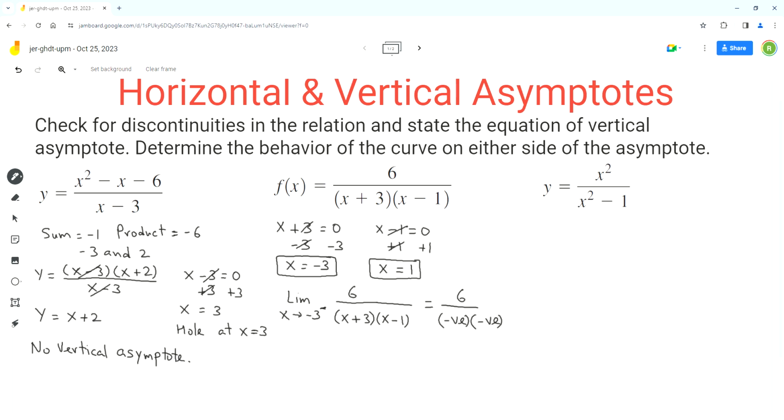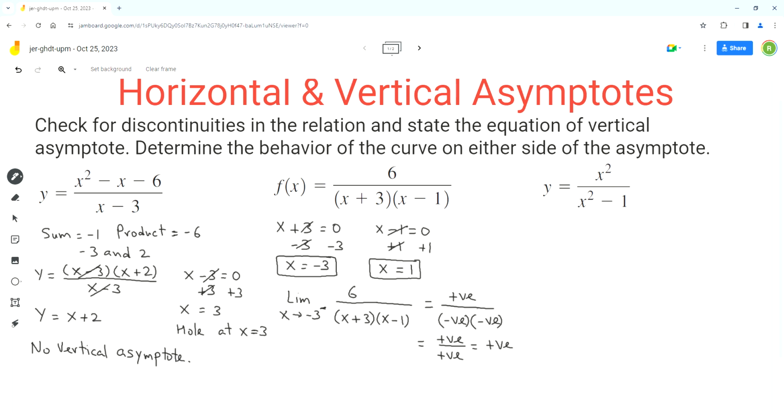So in the numerator, instead of 6, we can just show that we get a positive value. In the denominator, negative value times negative value will be a positive value. So the overall value will be positive.